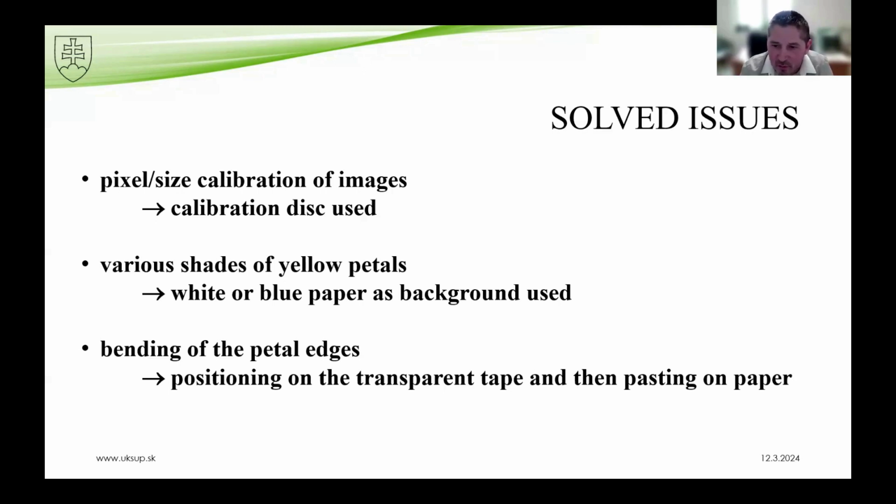Scanning the petals, there were problems with the positioning of the petals. They have very small leaves and they are very often moved from their positions. And of course, it's a plant material, so the petals are quickly very wilted and their edges are very often bended.